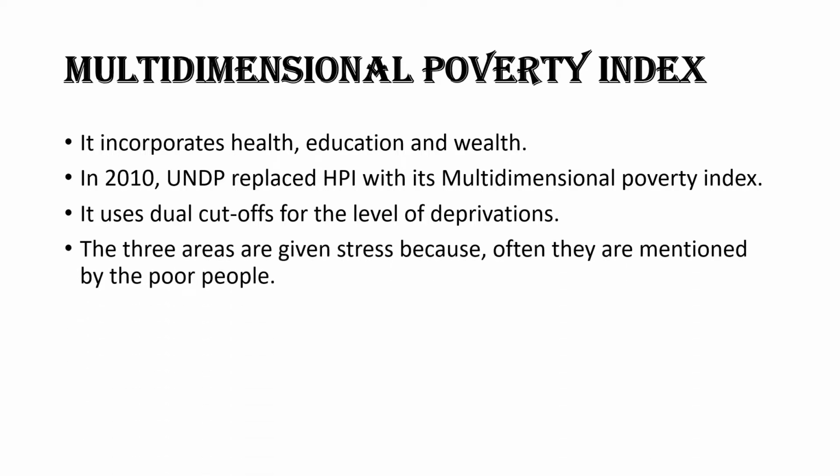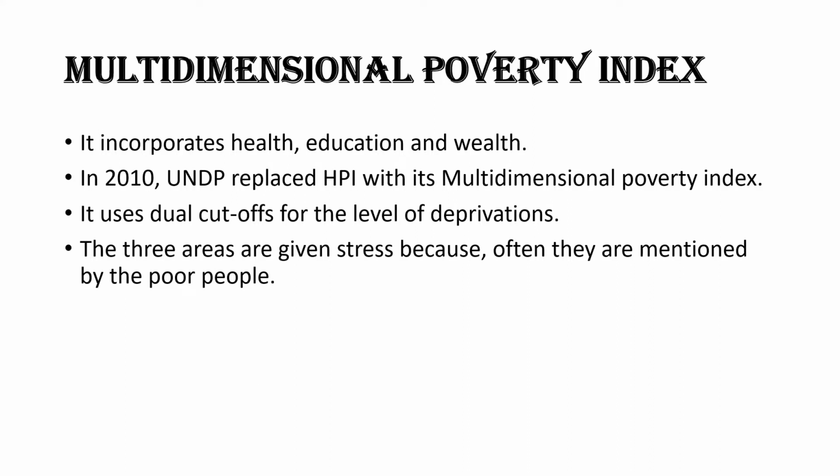The index creators reported that they selected the three dimensions and each of their corresponding indicators because they reflected problems often mentioned by poor people. They have been long considered important by the development community.